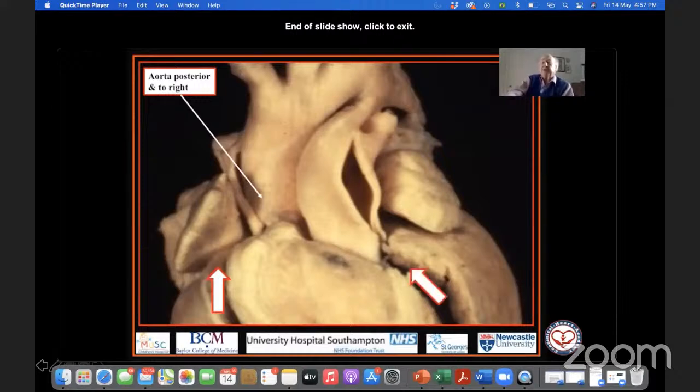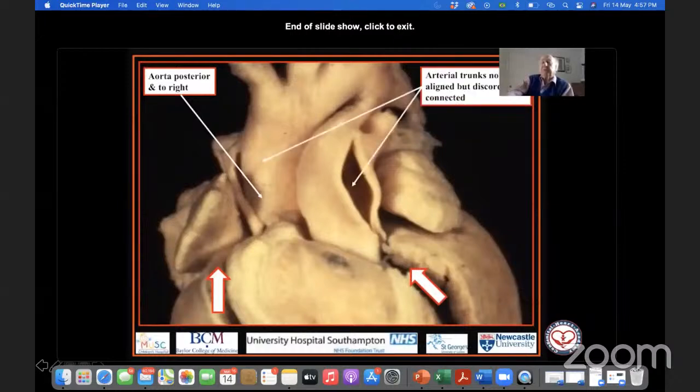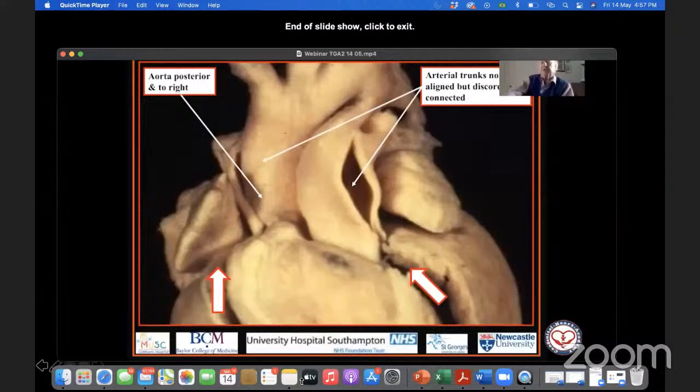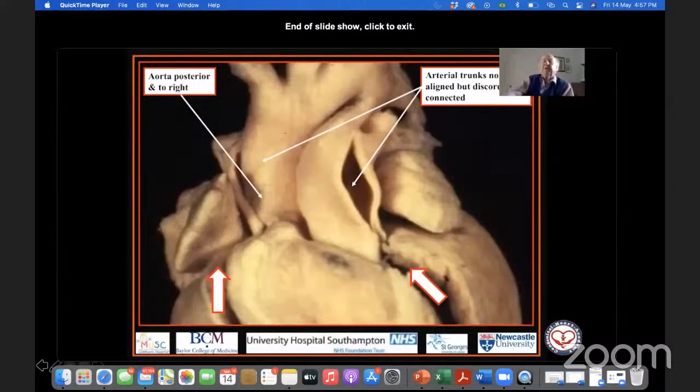So there's the other cut showing you the pulmonary trunk, which is spiraling relative to the aorta, arising from the morphologically left ventricle, discordant ventricular arterial connections, concordant atrioventricular connections, transposition, despite the fact that the aorta is posterior to the right.